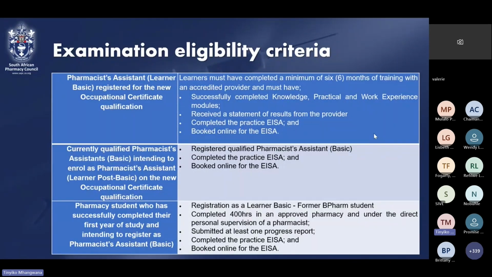If you are not enrolled and you want to do pharmacist assistant post-basic, then you have to do the EISA. It's your ticket to cross over. So now you must be registered with the Pharmacy Council, you must have received a certificate for qualified basic. Then you have also written the practice exam, then you will be eligible to write that exam.